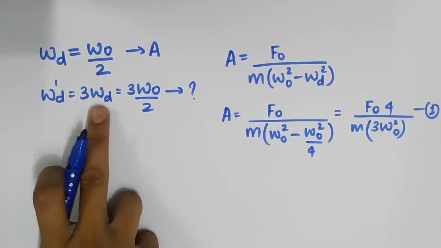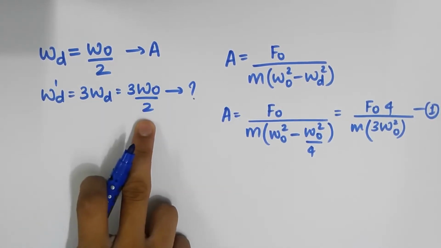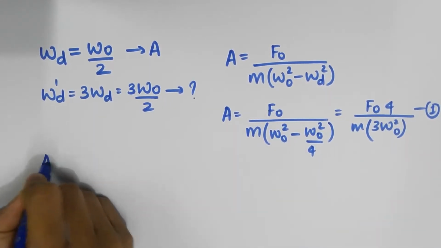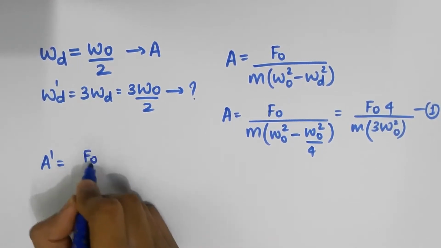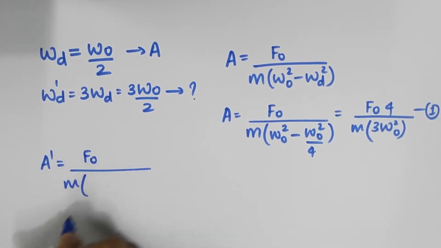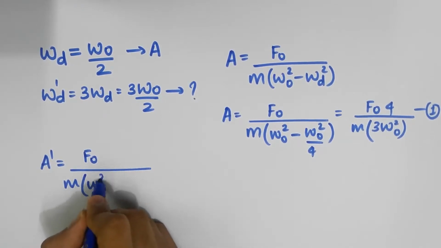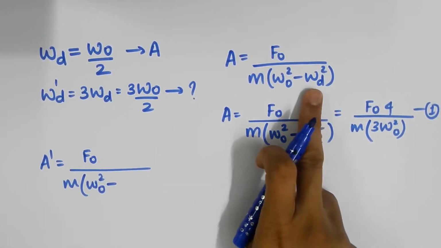So what's going to happen when the driven frequency is 3 omega naught by 2? Let's call that amplitude A dash, and that's going to be f naught divided by m times (omega naught squared minus omega d squared).